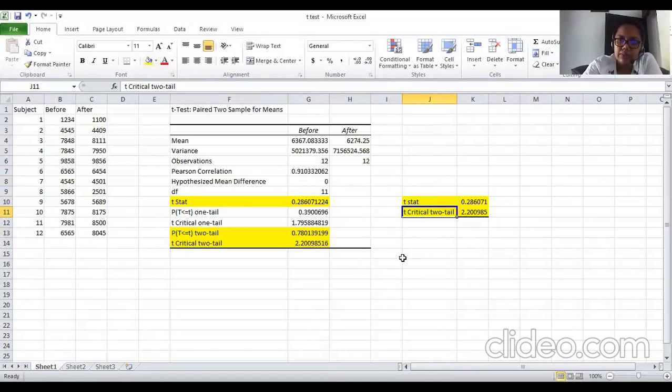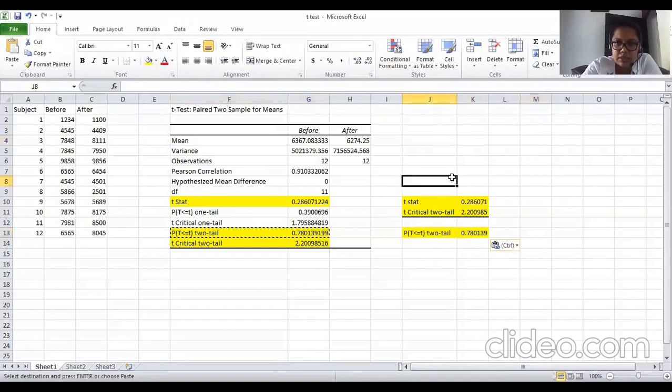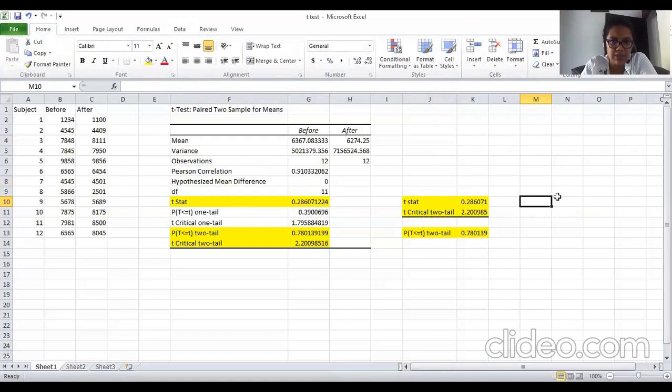If you can remember the decision rule, I have these values here. The p value is 0.780139, which is above 0.05, our alpha value, and the t stat value is 0.2860, which is below the critical value, within the critical region.